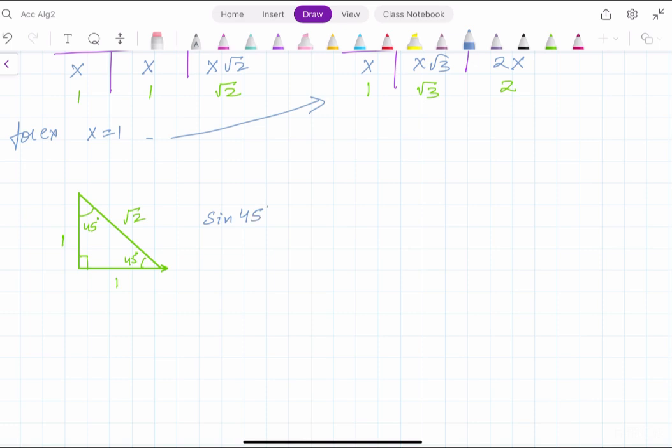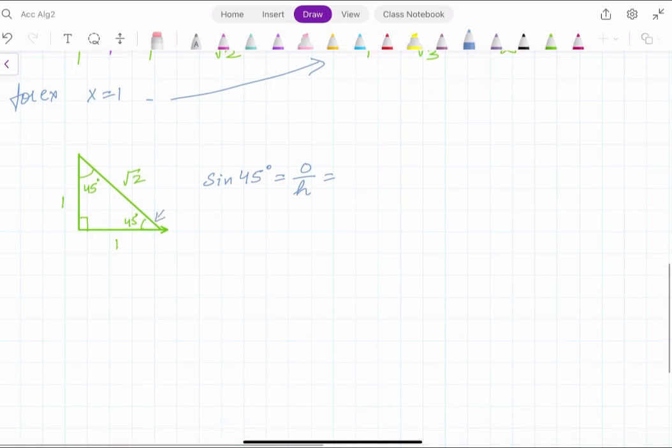So what will be sine of 45 degrees? I can take the top 45 degree angle or the bottom one. Let's take the bottom one. The bottom angle is 45 degrees, so the sine will be opposite over hypotenuse. The opposite is 1, but I need to rationalize it because we don't like radicals in the denominator.